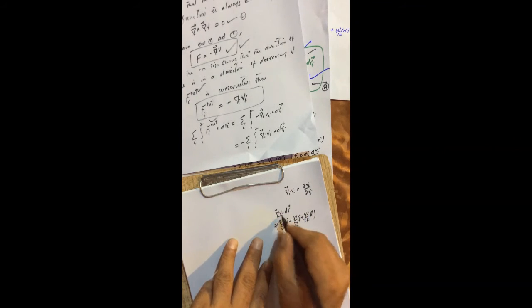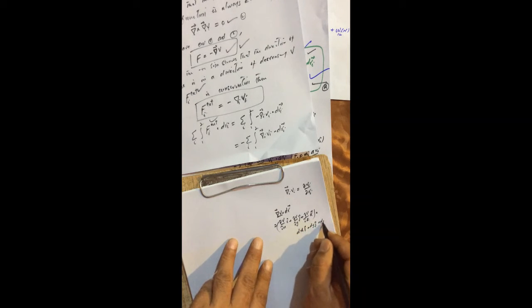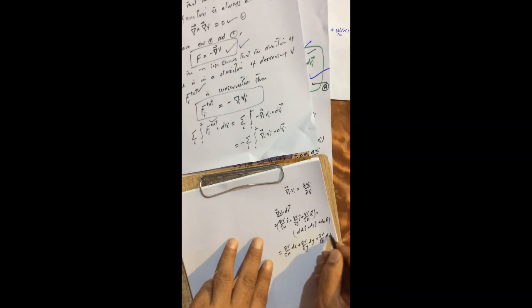And we have dr_i, which is dx into i plus dy into j plus dz into k. So the dot product of these two vectors will give us partial V over partial x dx plus partial V over partial y dy plus partial V over partial z dz.